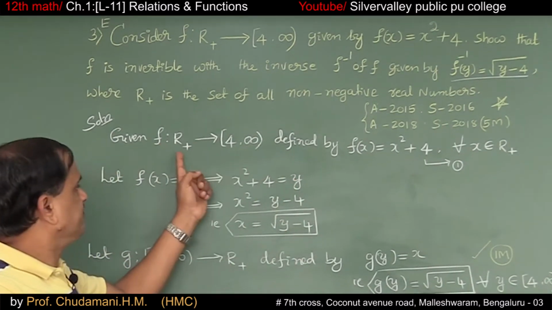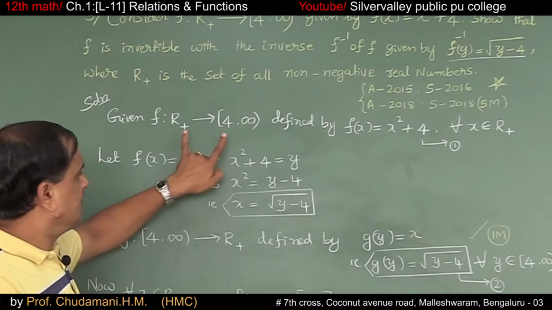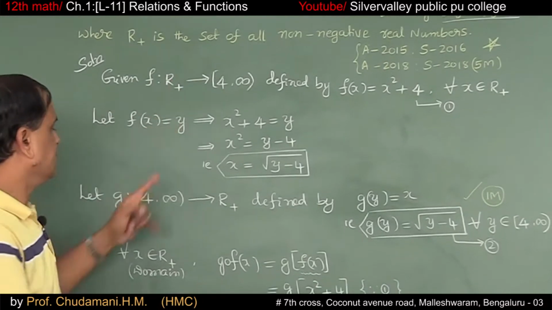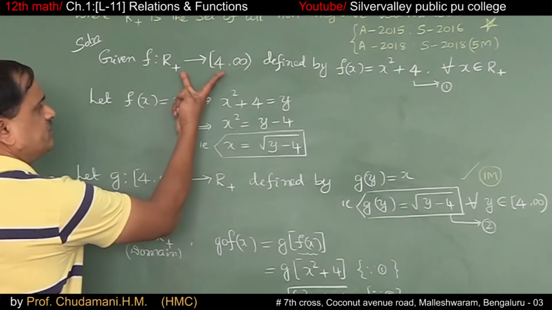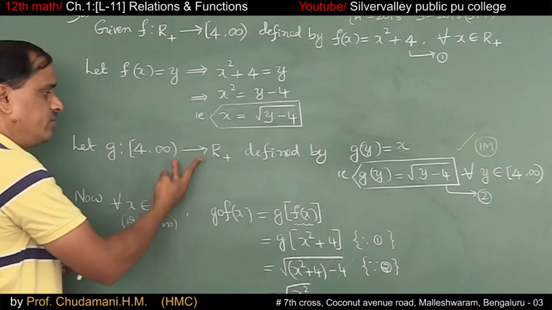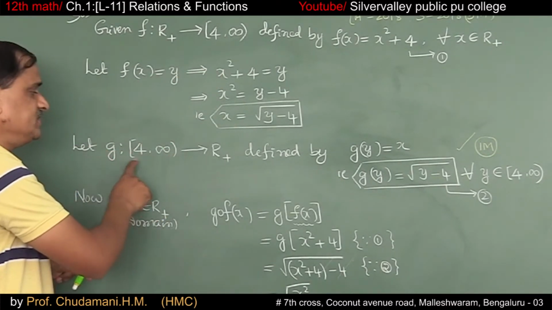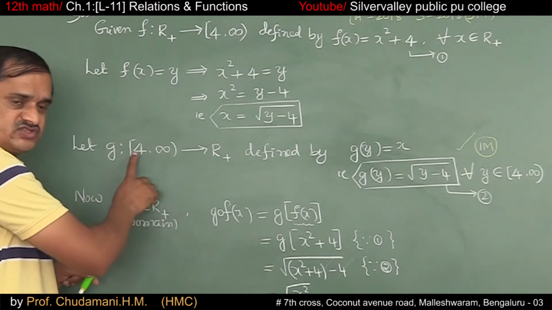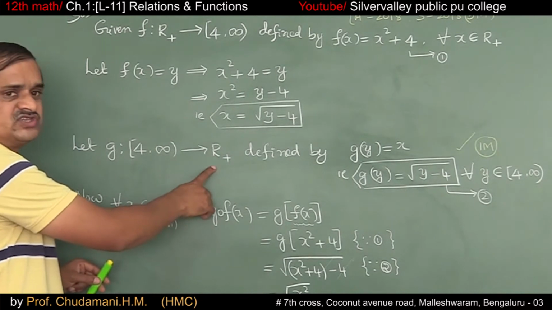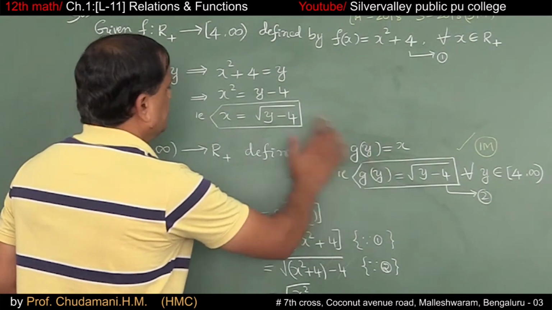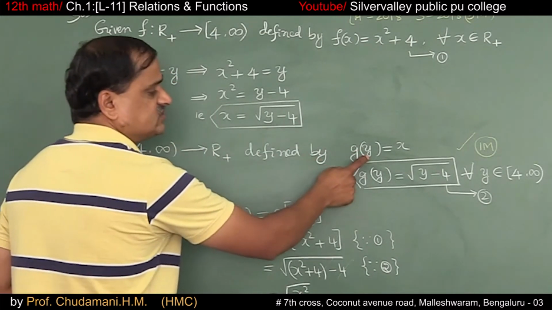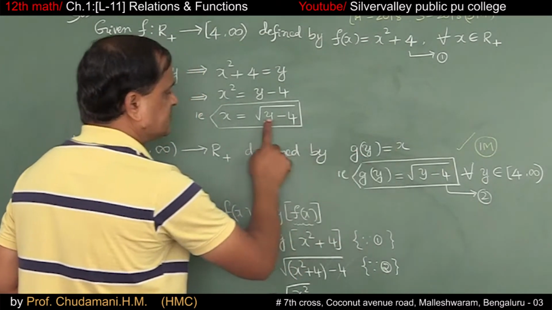So f from A to B means the inverse of f, let us say g, goes from B to A. The domain and codomain should be interchanged. So g from the closed interval 4 comma infinity to the positive real numbers is defined by: f of x equals y means x equals g of y. But what is x actually?